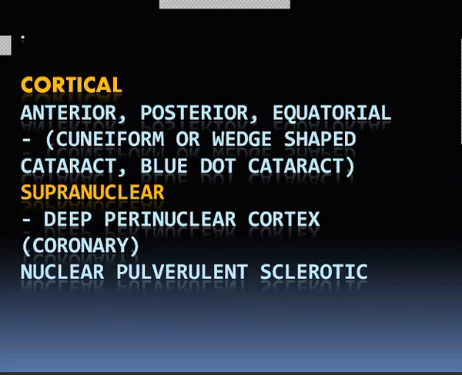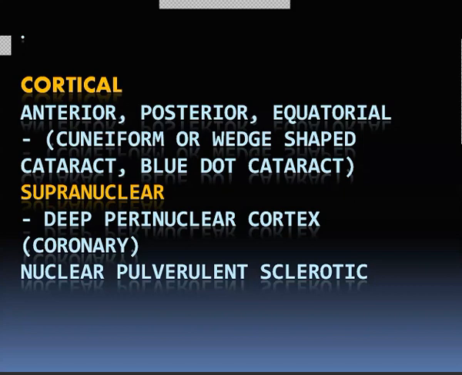That is called the cuneiform or wedge-shaped cataract, blue dot cataract. And the supranuclear, deep perinuclear cortex, that is the coronary cataract: just around the nucleus of the lens there is opacification, and it is called coronary cataract.